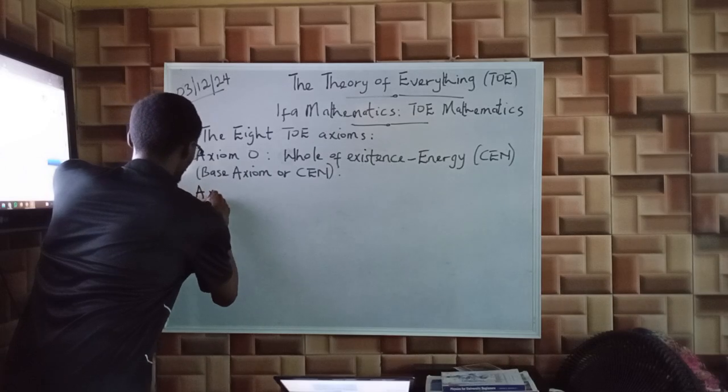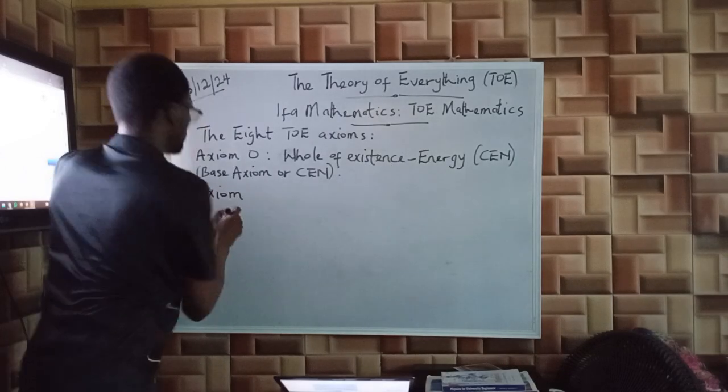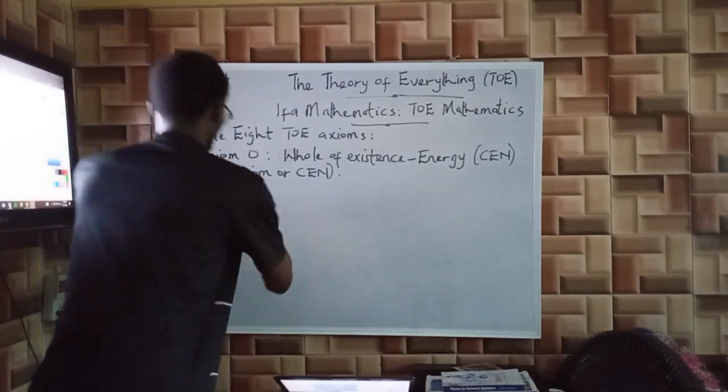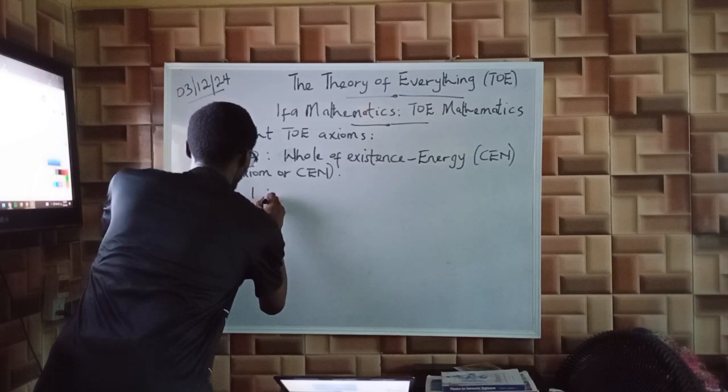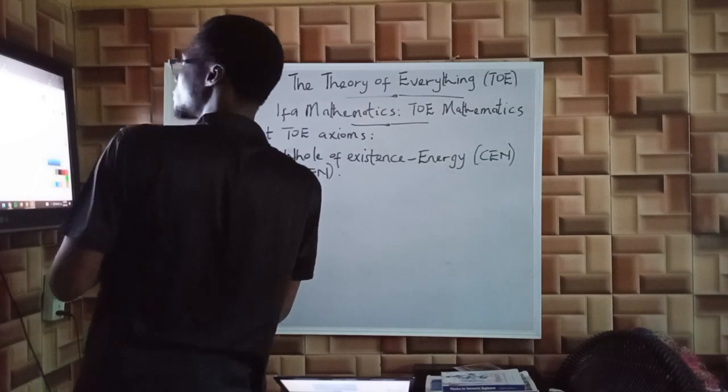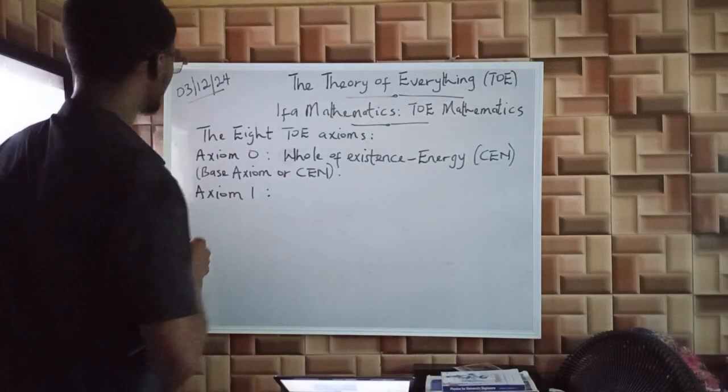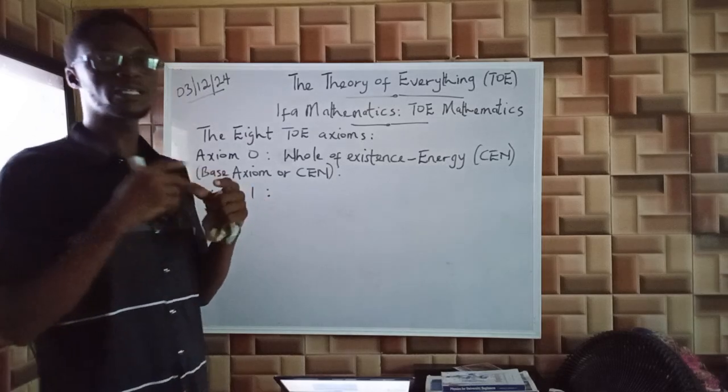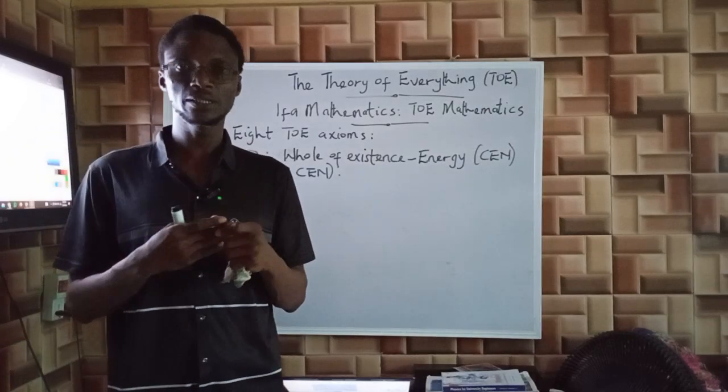Then we move on to the next axiom, which is axiom 1. Axiom 1 is all about entanglement and symmetry.